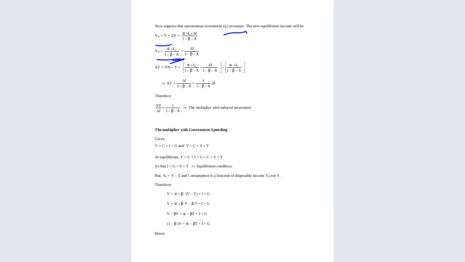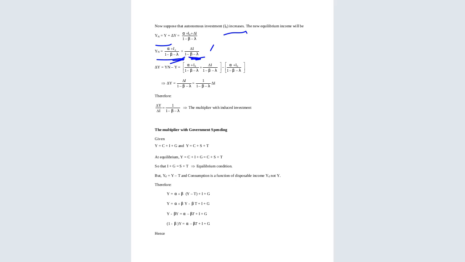This part is simply the old equilibrium income. The second part is the change in investment. So the new income is actually made up of the old income plus the change in investment. So you can see this.